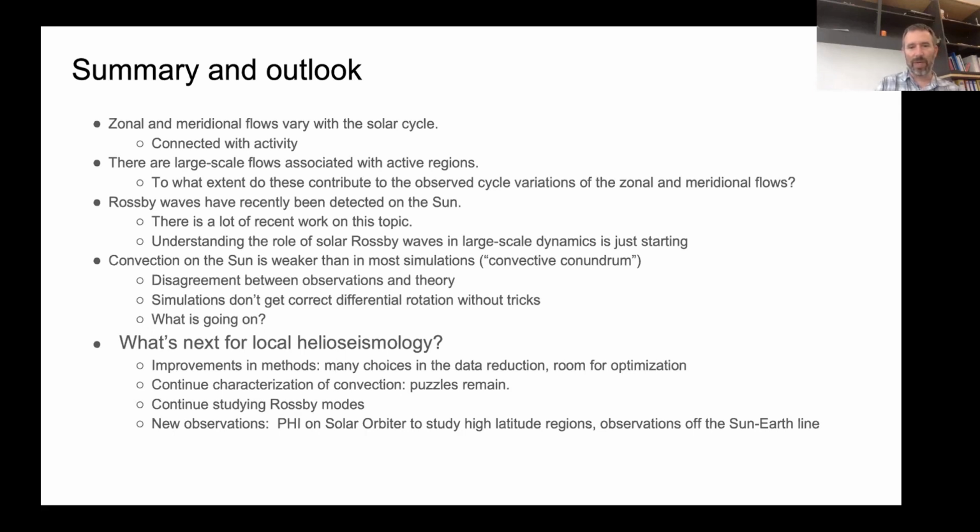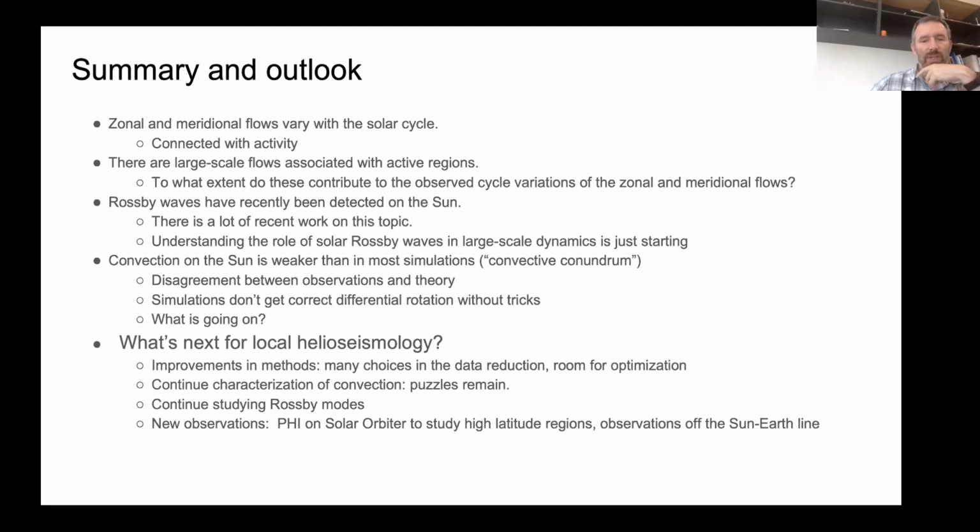I talked a little bit about the convective conundrum. Convection on the sun is weaker than in the simulations, and it's not totally clear yet what's going on. I wanted to say just two words here about what's next for local helioseismology.